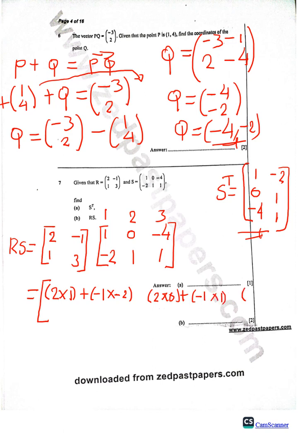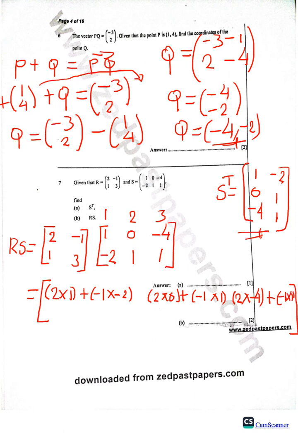We can now go to column 3. So it's 2 times negative 4 plus negative 1 times 1.